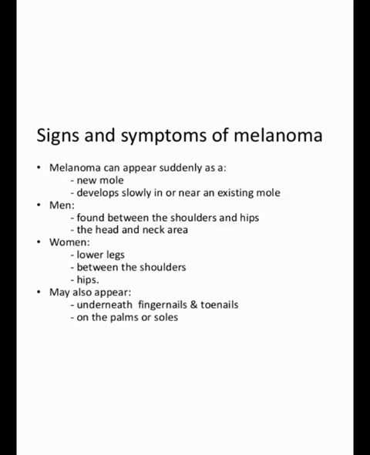In men, it is mainly seen on the shoulder, hip, and the head and neck area. In women, it usually occurs on the lower leg, between the shoulders and the hips. And this may appear underneath the fingernails and toenails, on the palms and soles.